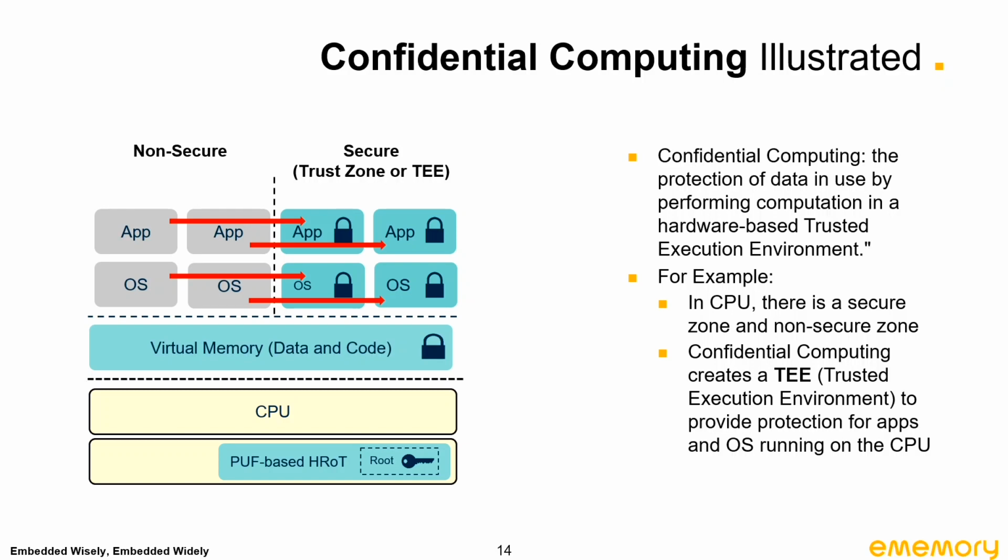Application and OS on a regular CPU cannot access the secure zone. However, with confidential computing, sensitive data from the apps and OS can be stored in the secure zone under an individually isolated TEE on the CPU.